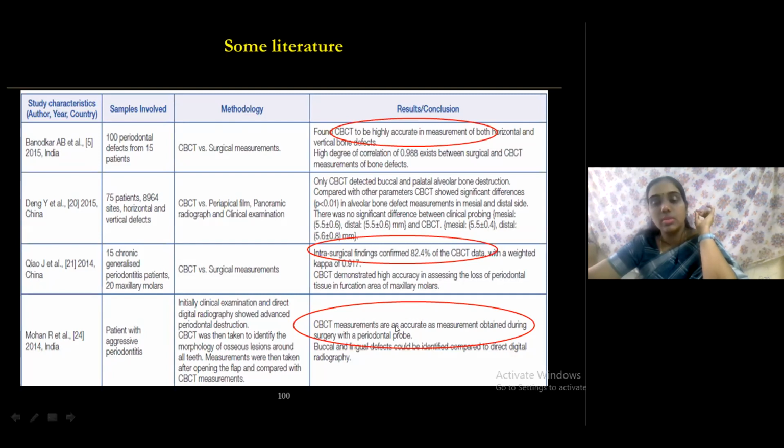So CBCT measurements are as accurate as measurements obtained during surgery with the periodontal probe, with almost a 90% match between the data obtained by CBCT and by periodontal probing, clinically or intrasurgically. So CBCT plays a major role in difficult periodontal cases where a 3-dimensional view is necessary to decide on the treatment planning of the patient.